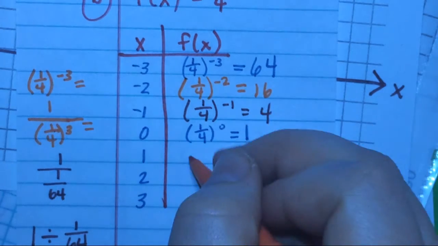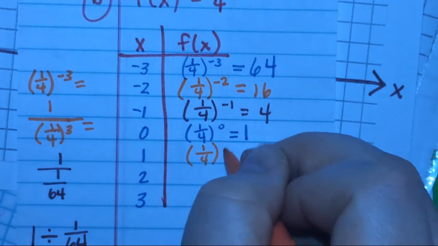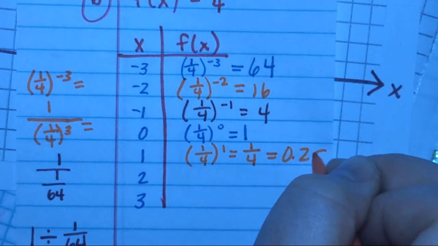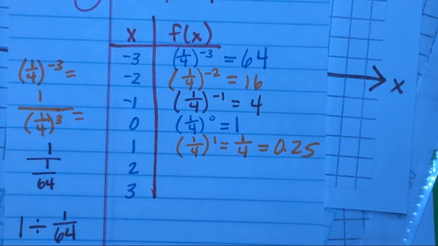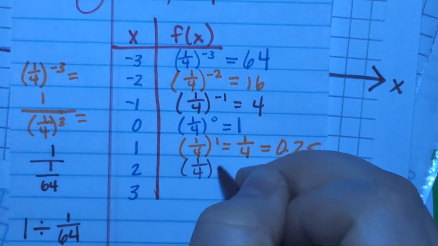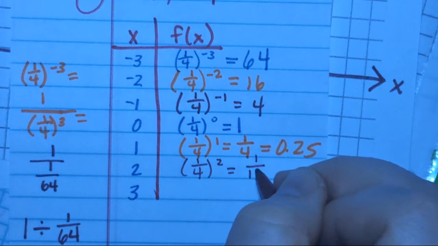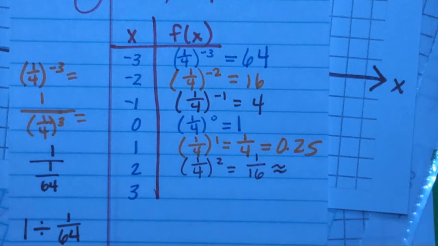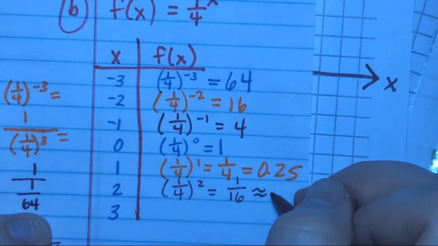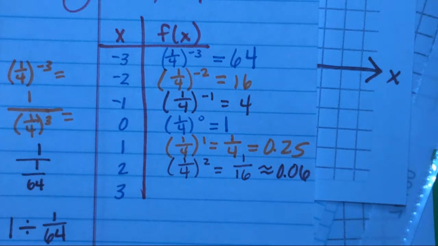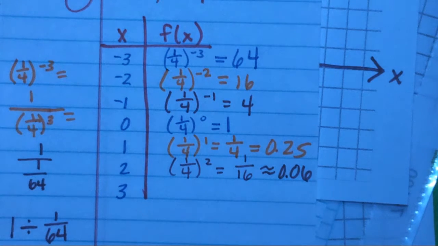So let's see. 1/4 raised to the 1 really is 1/4, which is 0.25. 1/4 squared ends up being 1 over 16, which is, I need the decimal. That sounds great. I know it's like 0.0625, but I can't graph that particularly. I'm not that good.